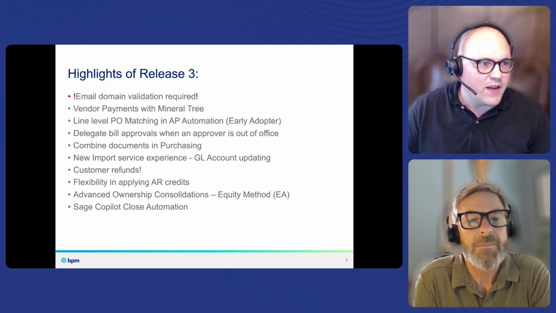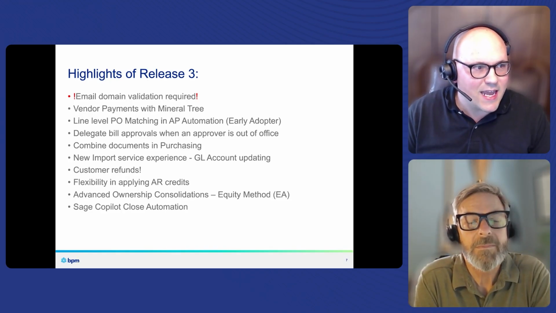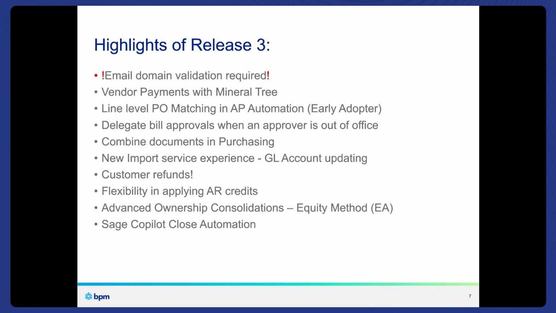The addition of vendor payments natively in Sage Intacct through Mineral Tree, new line level PO matching in AP automation, the delegation of bill approvals, the ability to combine documents now in the purchasing cycle, new import service experience, which is something that I'm really excited about, especially for the whole setup thing.